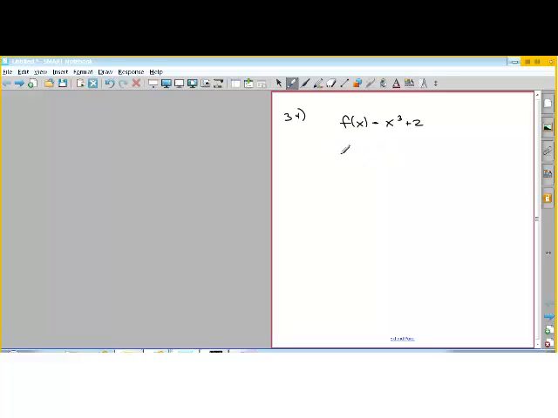So the other line, let's write this down, is 3x minus y minus 4 is equal to 0. So if we solve for y, we get y is equal to 3x minus 4.